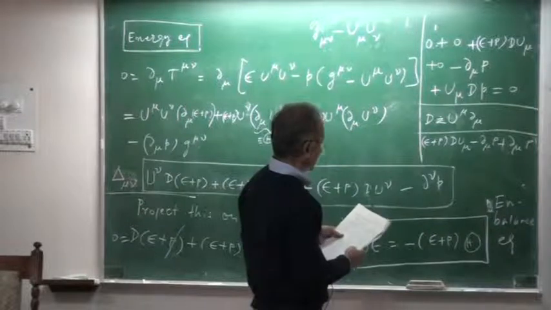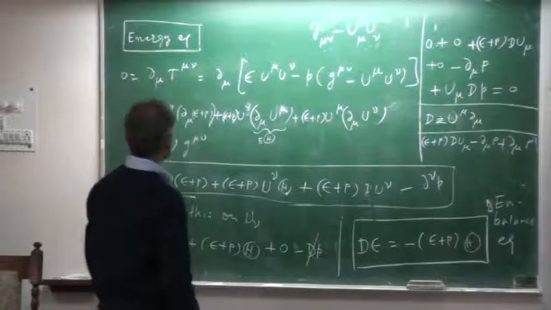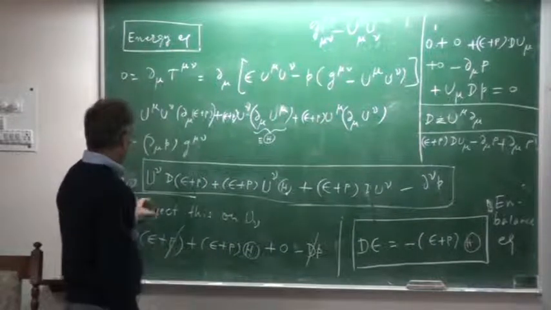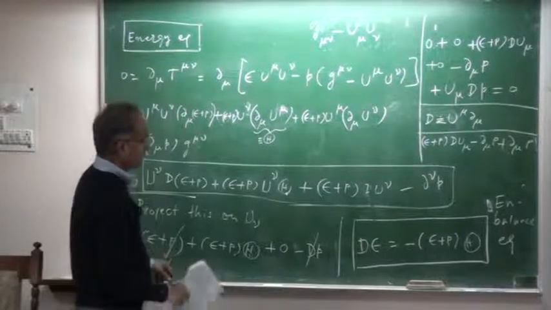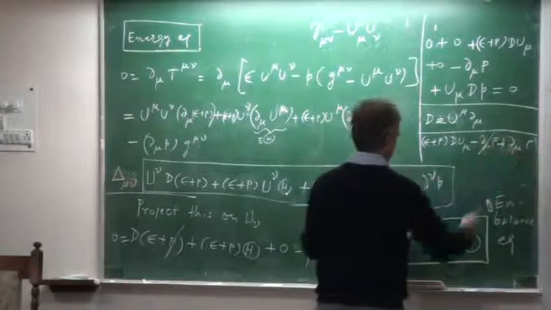I think we have missed one term somewhere. Epsilon is missing, because we want D epsilon. So the dummy indices have to cancel.